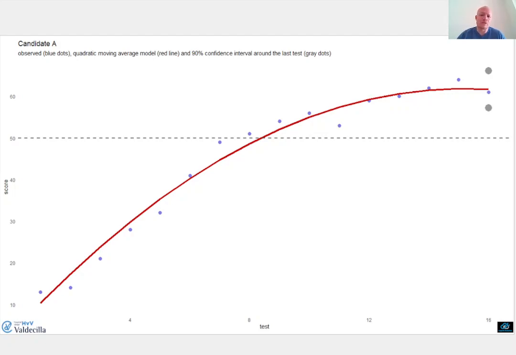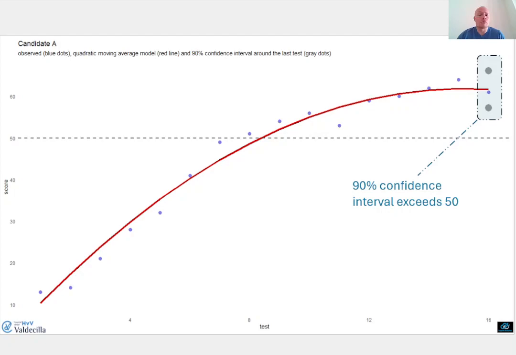And the whole set of questions results in a score that at the end of the 4-year period should clearly exceed 50. Clearly meaning that the 90% confidence interval should be entirely above 50.